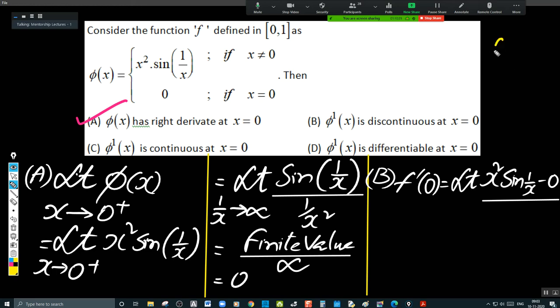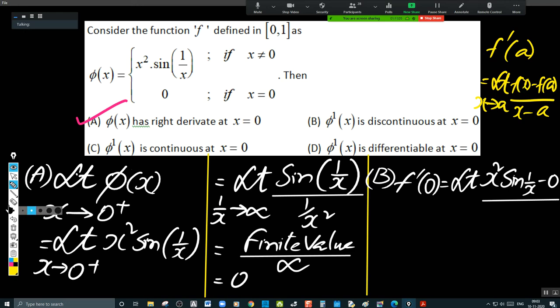Just now I wrote the definition. I am reproducing it for your better understanding. F dash of a is limit of f of x minus f of a upon x minus a as x tends to a. Are you there? Yes, sir.